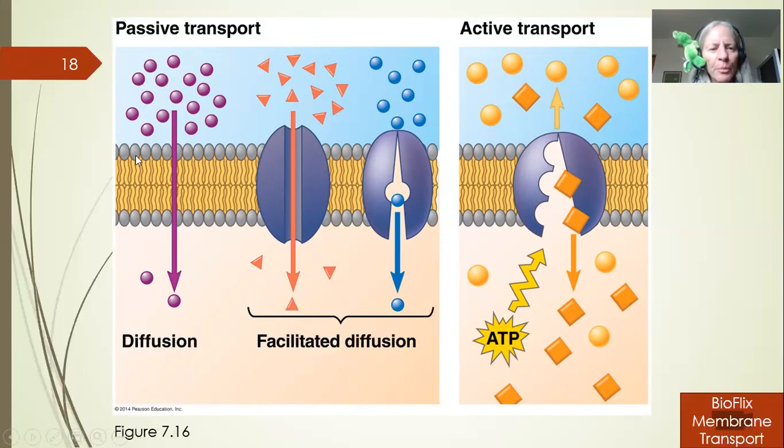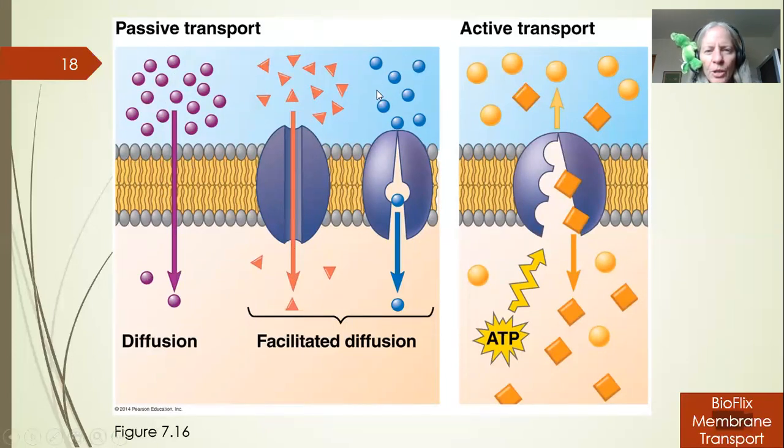The first one, with the purple spheres, is diffusing straight across the membrane without any help from an area of high concentration to an area of low concentration. This is simple diffusion. Whereas with these red triangles, they're still moving from high concentration to low concentration, down their concentration gradient, but they're moving through a channel.